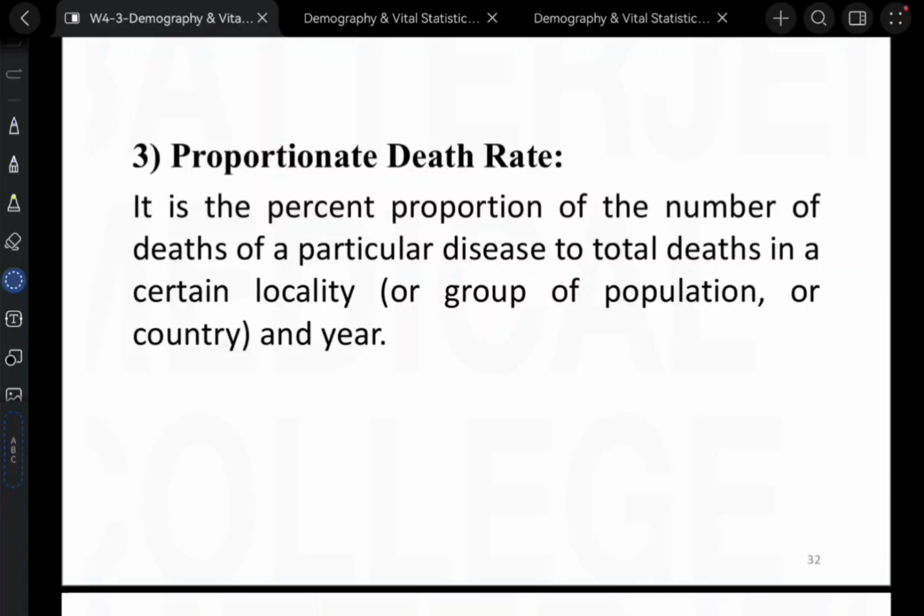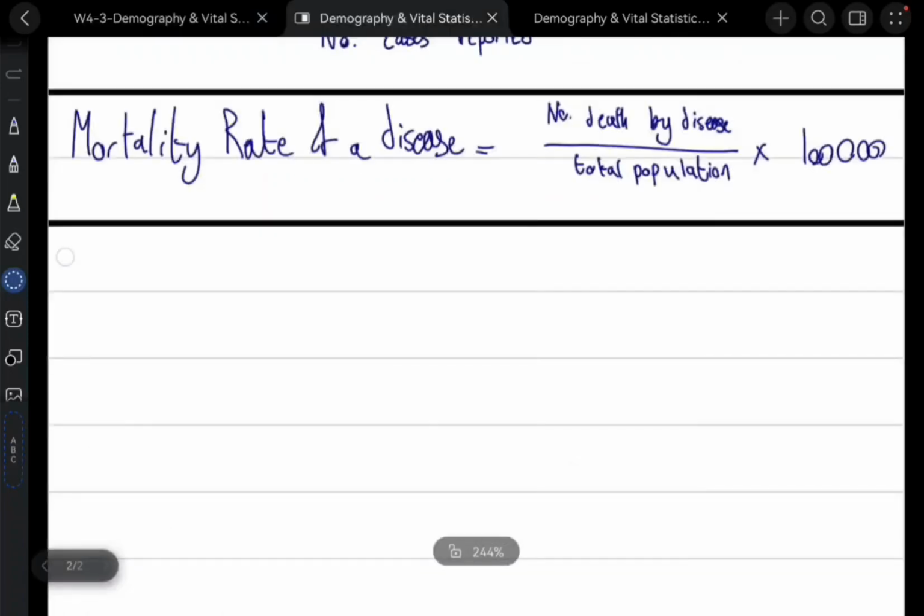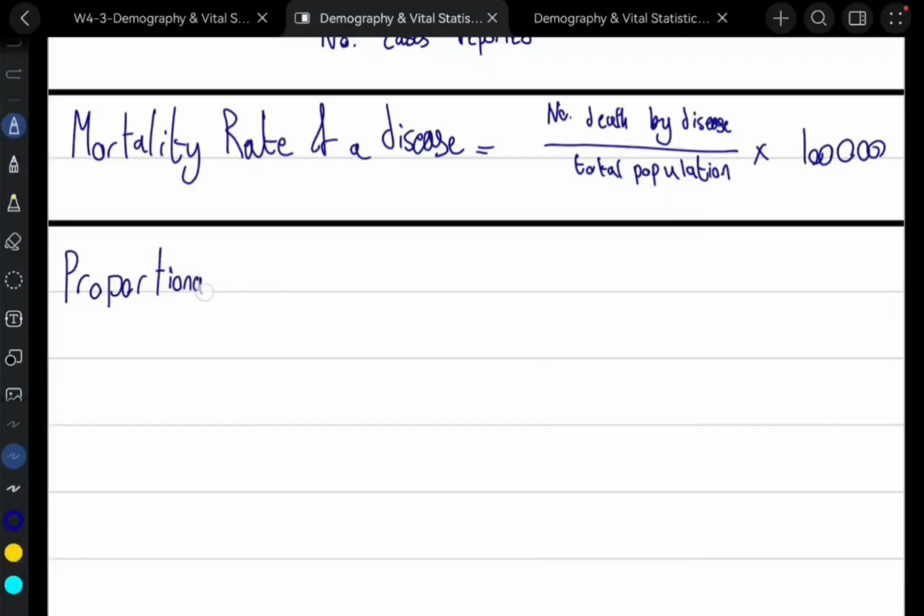So what we're going to use is proportionate death rate.